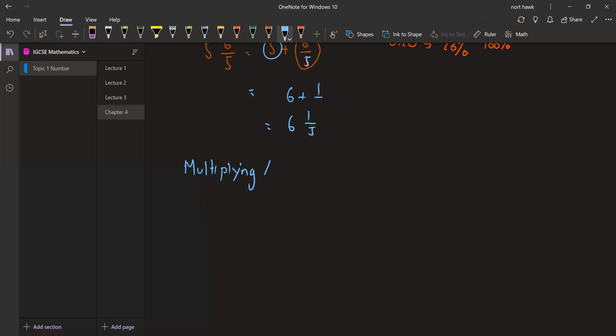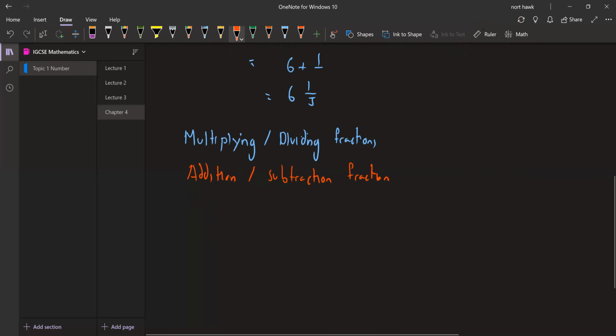Multiplying and dividing fractions. Oh, and also addition and subtraction of fractions. First, we'll be talking about addition and subtraction of fractions.